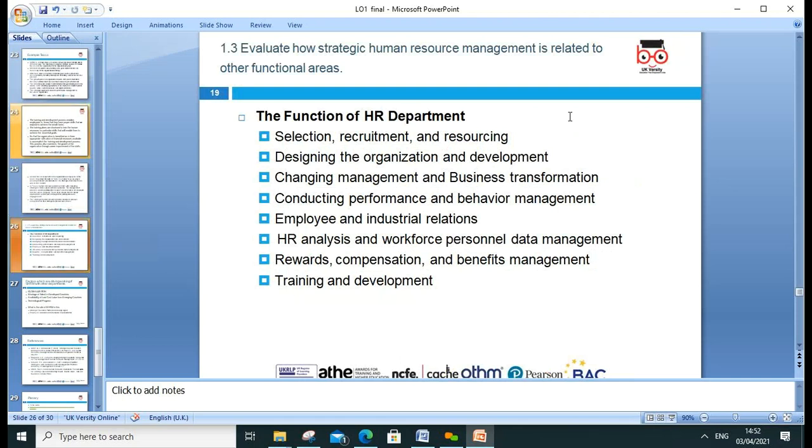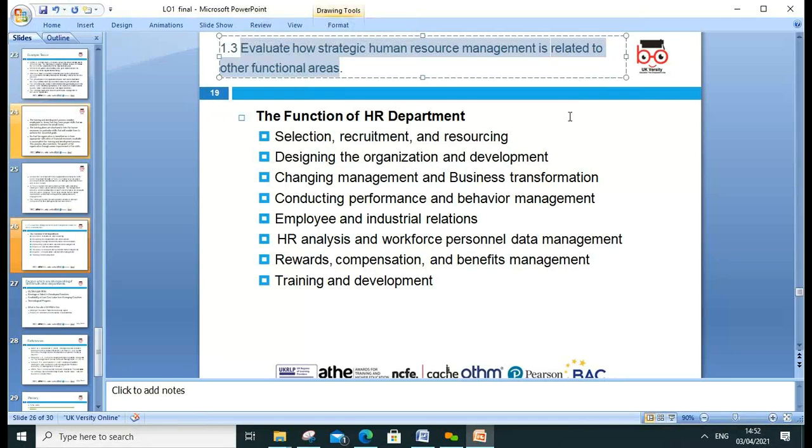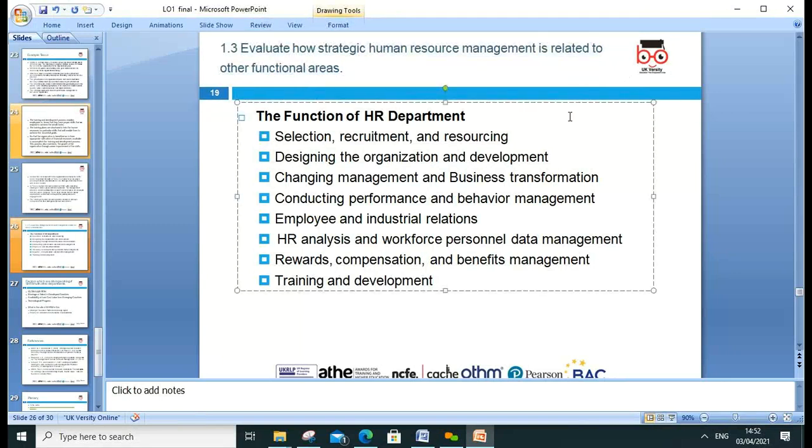Okay, then third, 1.3, we have evaluated strategic human resource management related to the functional areas. Functional area means departments. Marketing is one of them; recruitment and selection is an HR function. So HR functions are selection, recruitment, resourcing, organization design and development, training management, business transformation, conducting performance and behavior management reviews, and employee and industrial relations with the union.